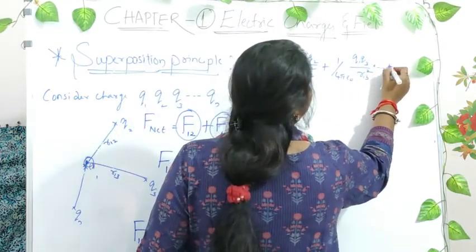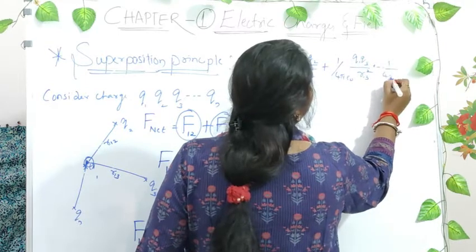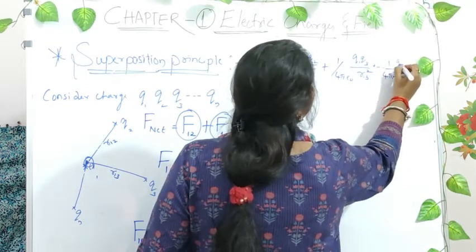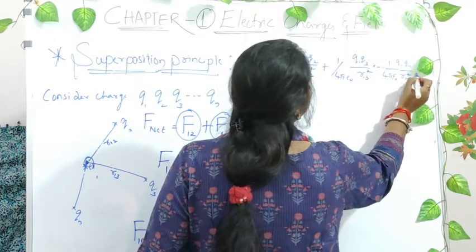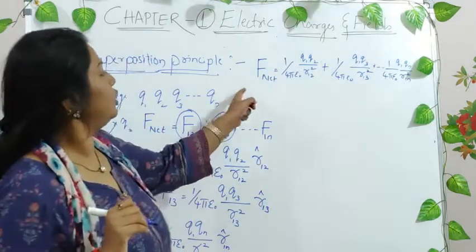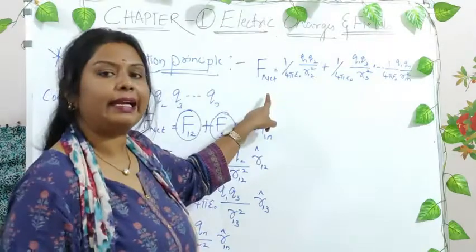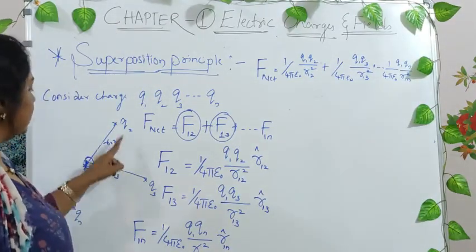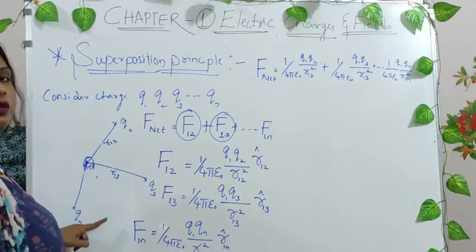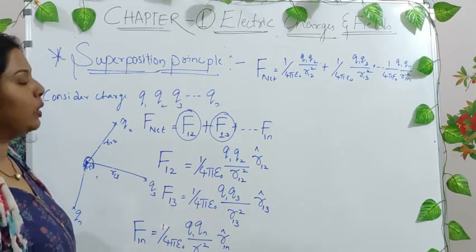Plus, up to 1 divided by 4 pi epsilon naught Q1 Qn divided by R1n whole square, right? Now this is the total net force acting on charge Q1 alone due to all the charges Q2, Q3, Q4, Q5, up to Qn, right?